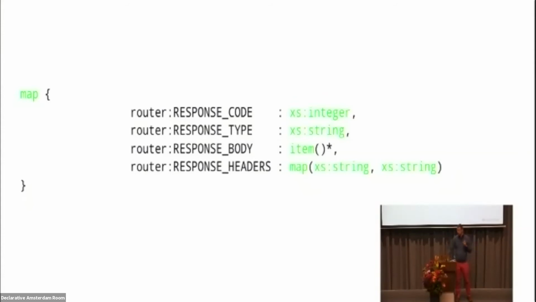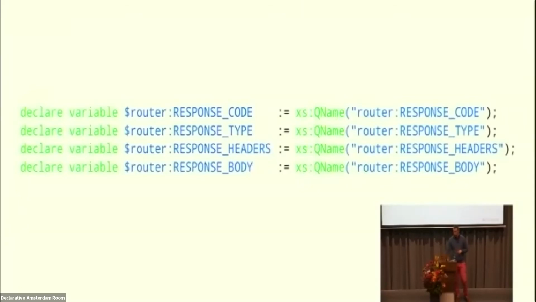That is not so important right now. You don't have to memorize that, but it will be interesting when you develop with it later on. So for ease of use, the router module exposes them as variables so that you don't have to write the exist-db name all the time, and your tooling can autocomplete those.